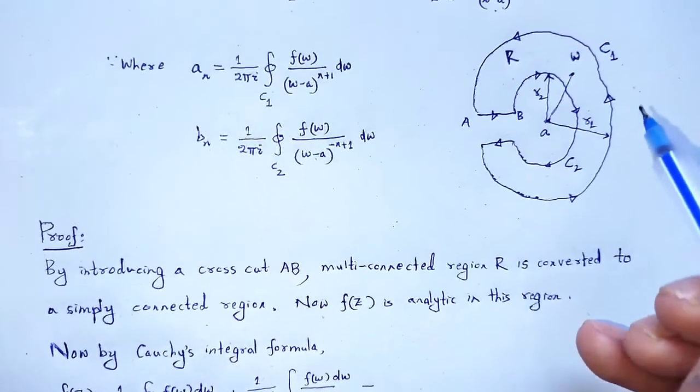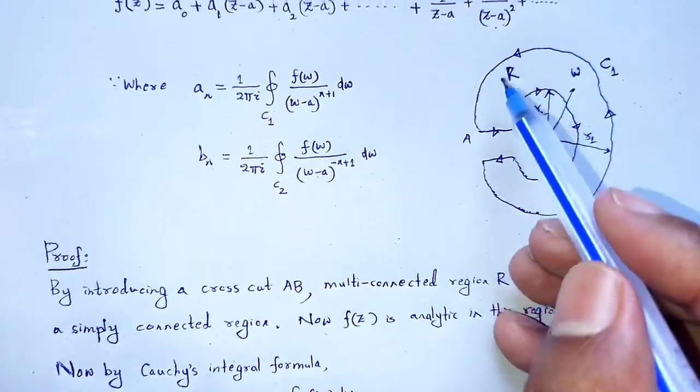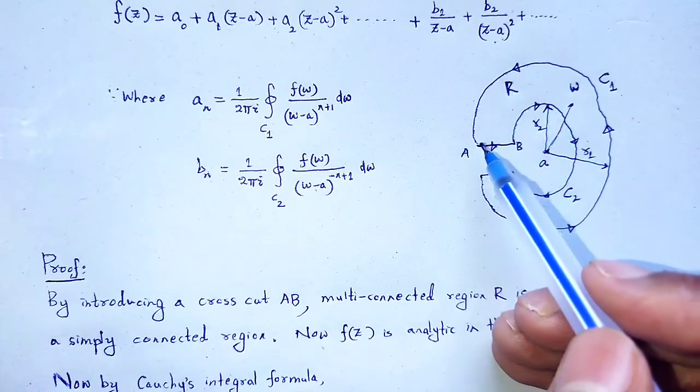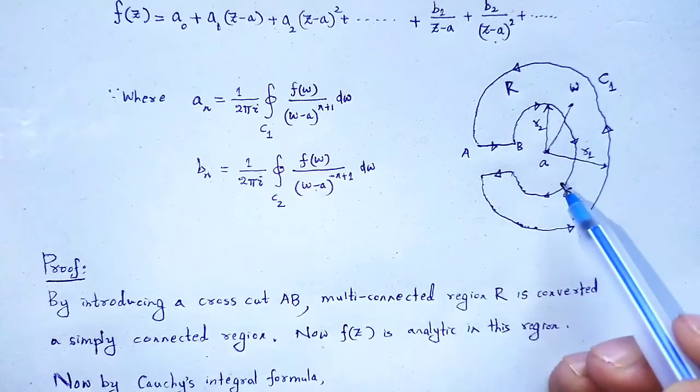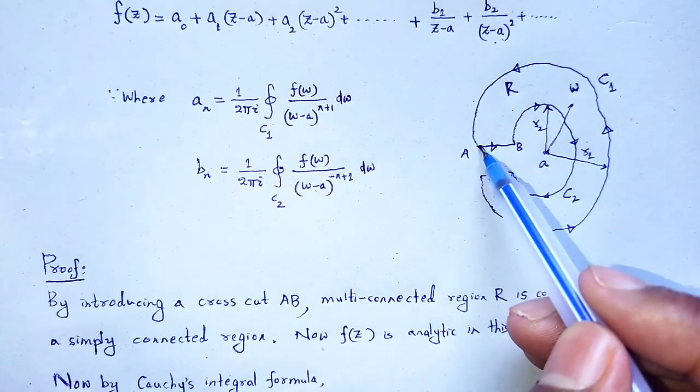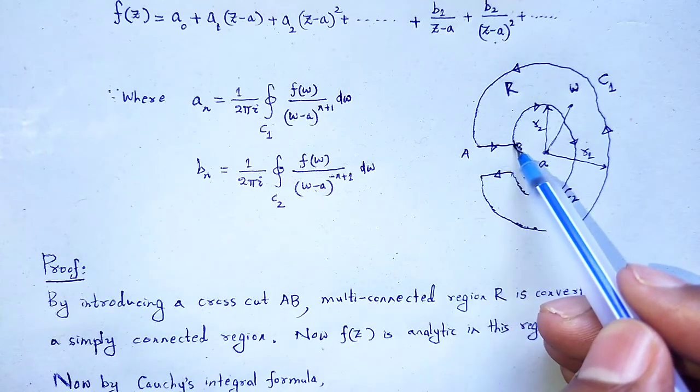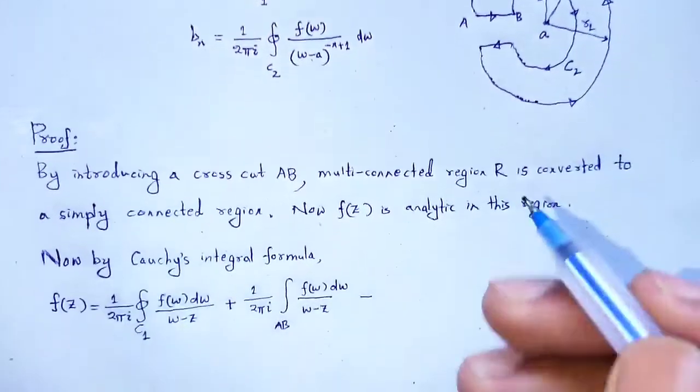minus. For the anticlockwise sense we treat it as positive, clockwise sense as negative; from A to B is taken as positive, from B to A is taken as negative.